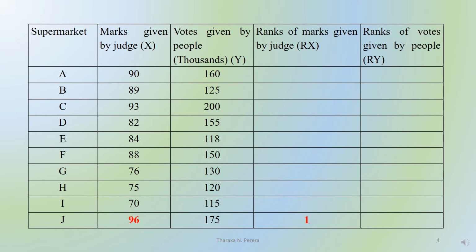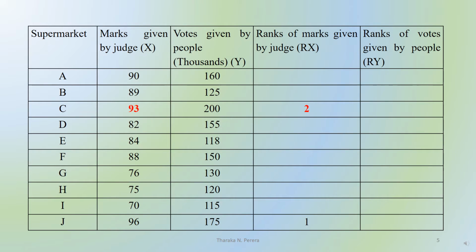Accordingly, the highest value of X is 96, corresponding to supermarket J. So I put rank 1 against J. The second highest value of X is 93, corresponding to supermarket C. So the rank of that value is 2.